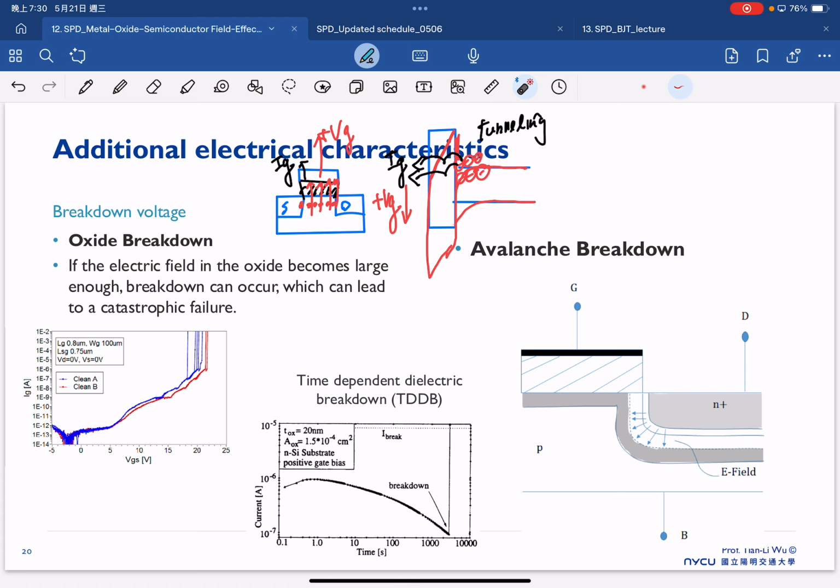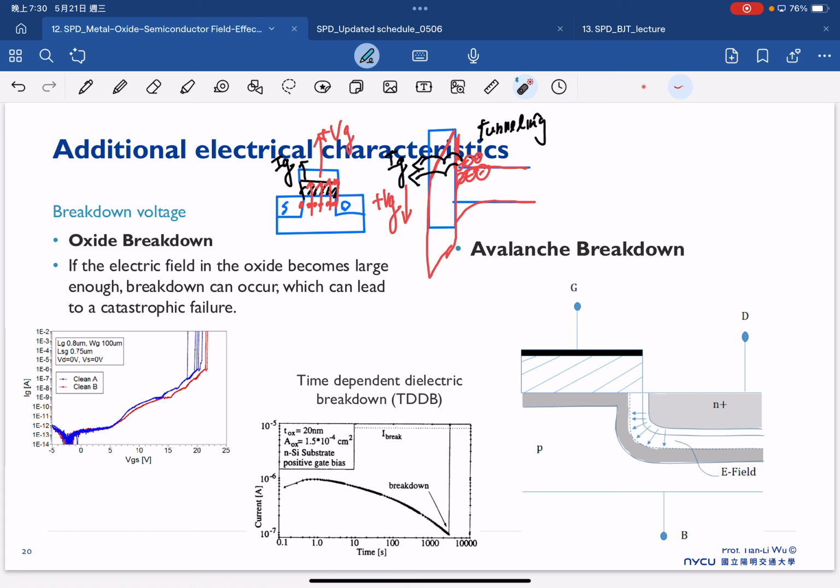Here, we won't talk about FN tunneling, but once you start conducting your research in the semiconductor field, you will definitely face the FN tunneling issue. It's related to the electric field in the dielectric. In any case, this just illustrates that we will face gate leakage current issues.